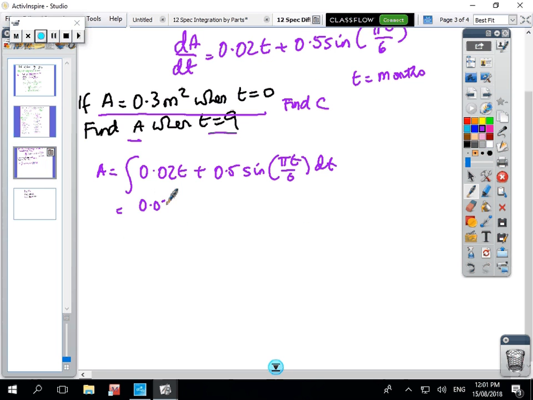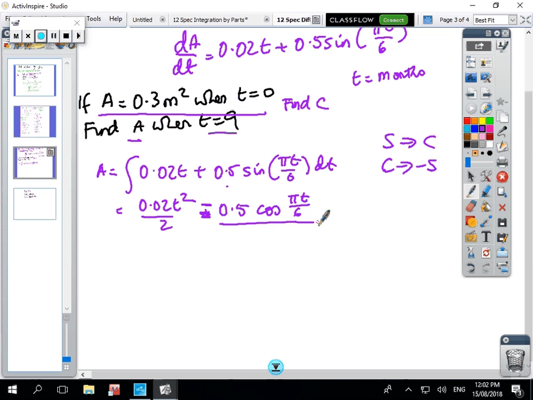So that equals 0.02t squared on 2 plus 0.5. Now, sine goes to cos, cos goes to minus sine, and we're integrating, so sine goes back to minus cos, so that plus sine is going to be a minus, and this will turn into cos pi t on 6, and then we have to divide by the derivative, which is going to be pi on 6.